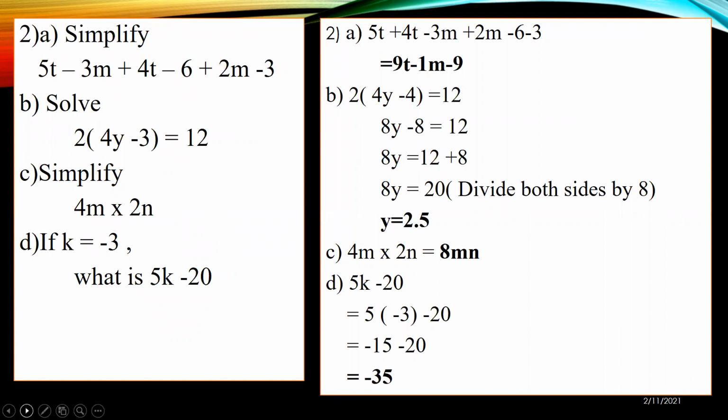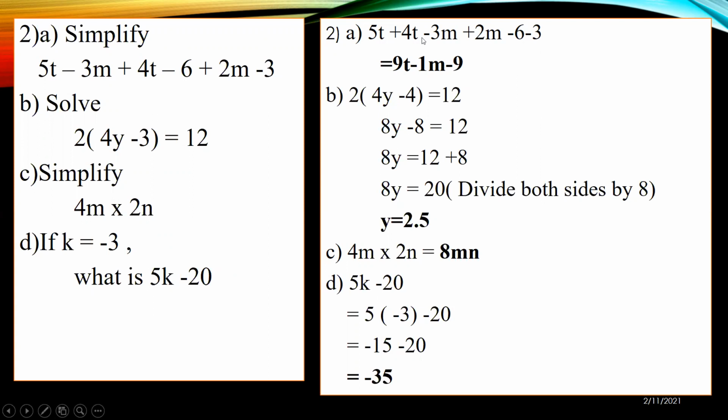My second question, A part, simplify, B part, solve. Again, C part, simplify, and the D one, if k equals -3, what is 5k minus 20? Now, when we do the first part, you take the like terms together. Then I have 5t plus 4t minus 3m plus 2m minus 6 minus 3.